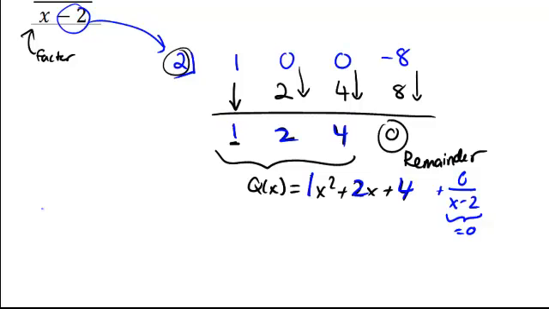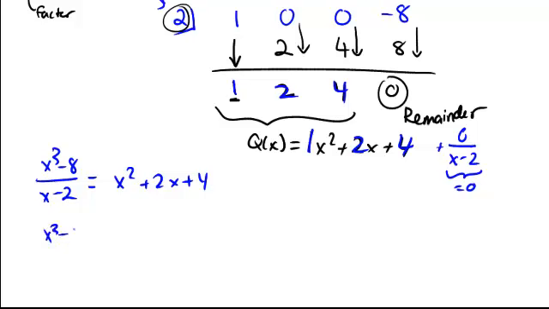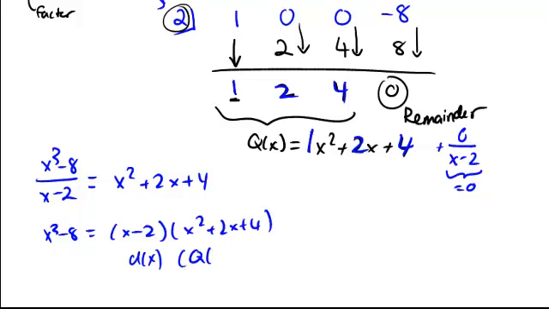So my polynomial here, x cubed minus 8 over x minus 2, is equal to x squared plus 2x plus 4, or if you write it another way, you can write it this way: x minus 2 times x squared plus 2x plus 4. So you have your divisor times your quotient plus your remainder, which is 0 in this case.